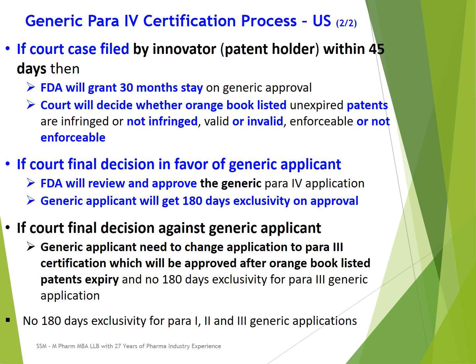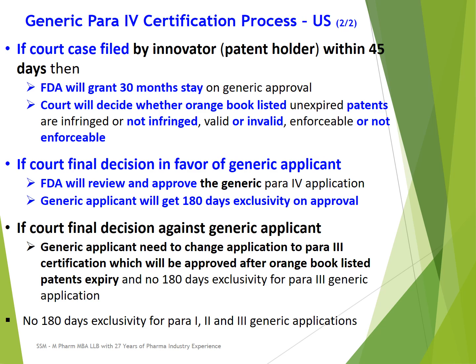Para 3 is basically where the generic applicant says that there are Orange Book listed patents, they are still unexpired, and I will market the product after expiry of those patents. So FDA will approve the generic product under para 3 certification after expiry of Orange Book listed patents.